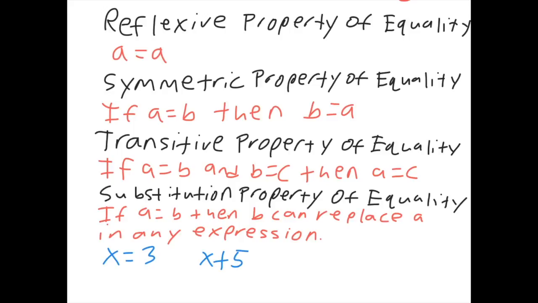Well, we know that x is 3, so we can replace x plus 5 with 3 plus 5, which will give us 8. So all we did was just replace x with 3 and then evaluated the expression.